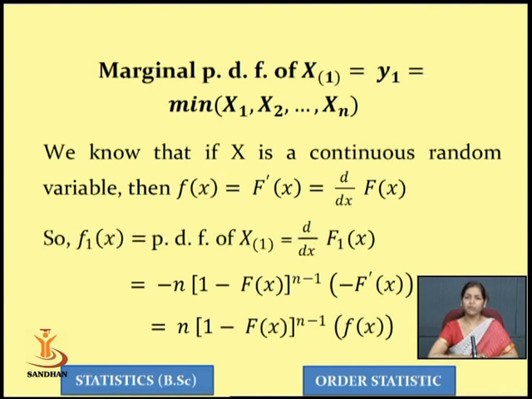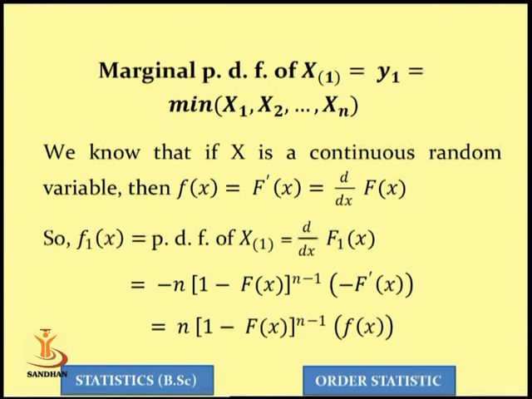So the PDF of the minimum order statistic will be the derivative of its corresponding distribution function, and as you can see, it was 1 minus F(x) power n, so its derivative will be given by this form.